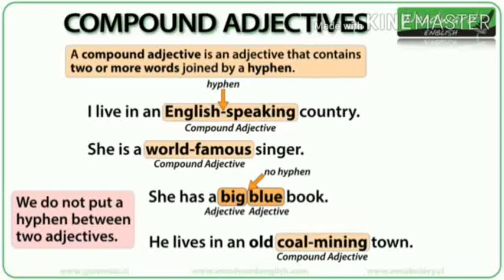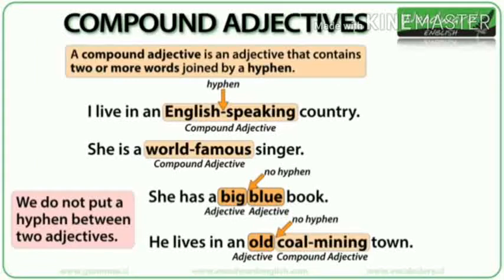What kind of town is it? It is old and coal-mining. One is a simple adjective, the other is a compound adjective. This is how compound adjectives and single adjectives can be used in the same sentence.